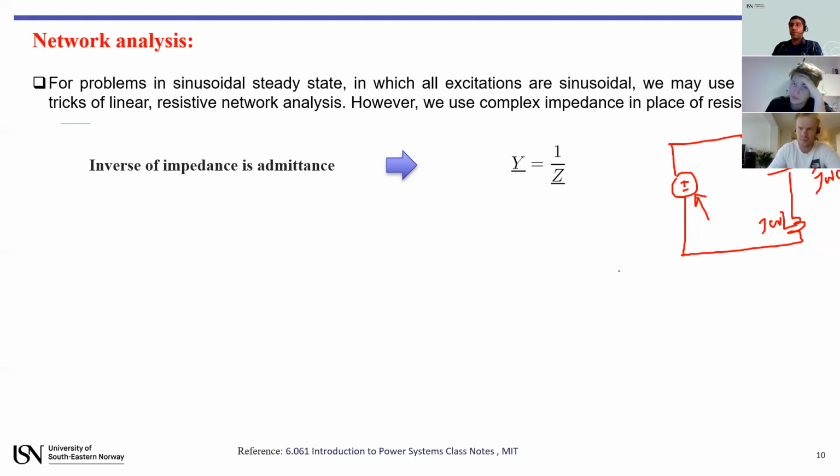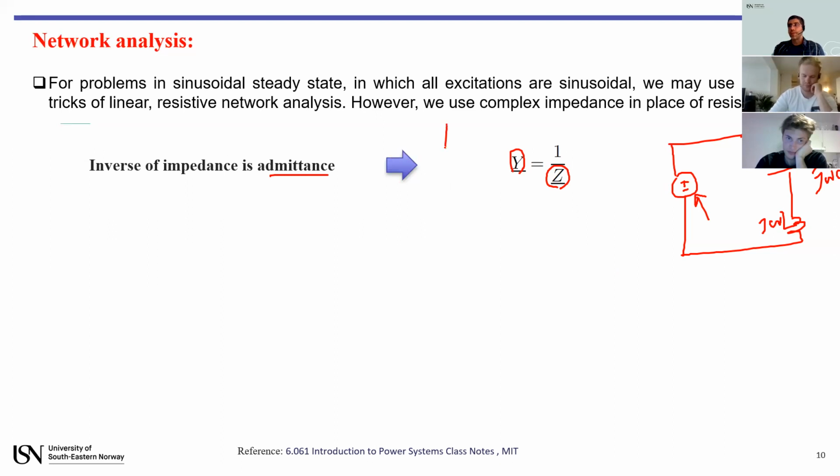However, for the network analysis, we have another notation that is extensively used, that we call admittance. We talked about the impedance. The inverse of the impedance is called admittance. 1 over Z will be Y. The admittance is another form for representation of the element.